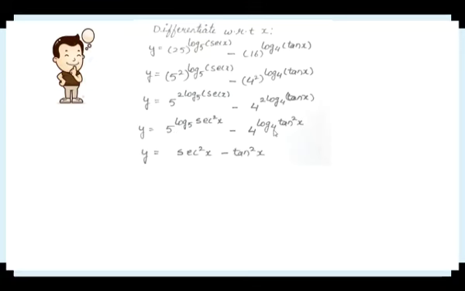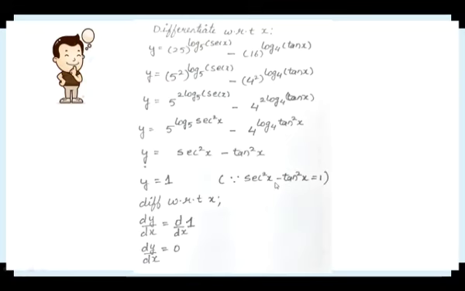So I have used the formula a raised to log x to the base a will be x. So I have written y equal to sec square x minus tan square x. Okay, what is sec square x minus tan square x? It's the basic identity of trigonometry, and the value of sec square x minus tan square x will be 1.